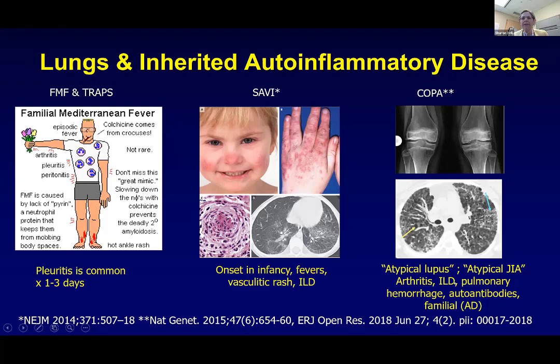And they tend to have a follicular bronchiolitis when they're very young, and then develop into a pulmonary hemorrhage syndrome as they get older. So again, COPA should be in your differential diagnosis if you have a teenager who's got a picture that looks like IPH or diffuse alveolar hemorrhage, and they've also got arthritis or renal disease.